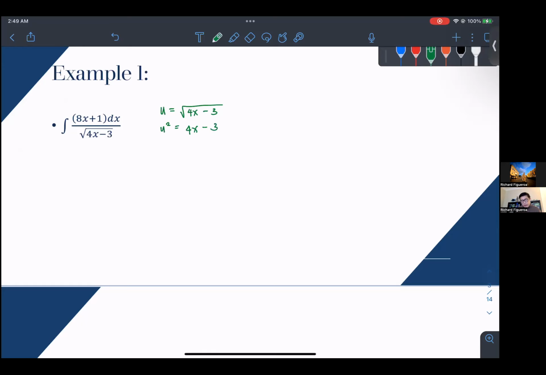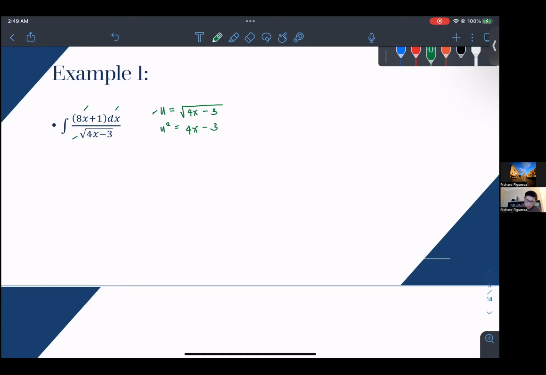Then we're going to substitute the square root of 4x minus 3 with u. But then we need to find what the value of x is, because we have to transform everything in terms of u.